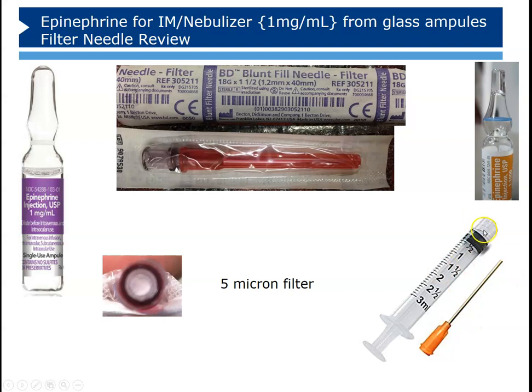That way, you put your blunt filter needle on top, crack this top right here, insert it, and draw out the appropriate amount of drug that you need. It would then be drawn up into this, and any shards of glass would be caught on the other side of this filter. Now, once you are ready to give either the shot or put this into your nebulizer, you're going to have to remove this filter needle and put on either another filter needle or just a regular needle.